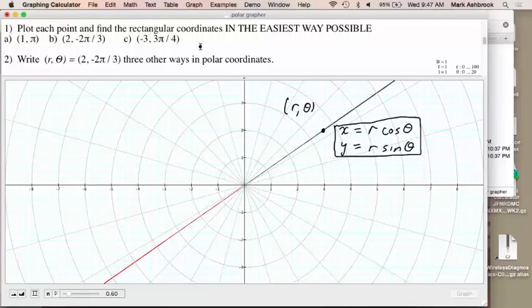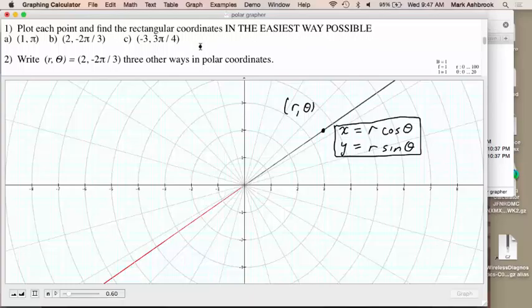Plot the polar points, study it, think about it, and then decide how you want to find x and y. Okay, so here are your examples. Plot these points first in polar coordinates, and then determine rectangular coordinates in the easiest way possible. Brain on activity, not plug and chug, brain off activity.